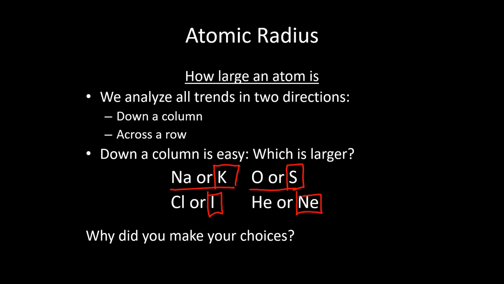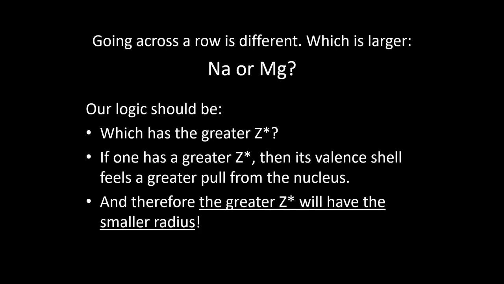And neon is bigger than helium. All for the same reason. As you're going down the periodic table, you get to larger elements, simply because there's more stuff. They have the same electron configuration, they just have an extra shell going down the periodic table. And so those are going to be larger as you go down, smaller as you go up the periodic table.